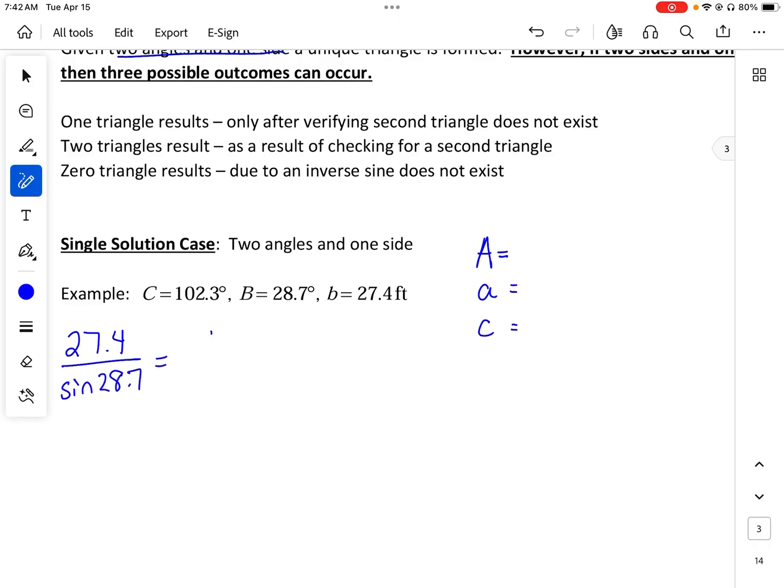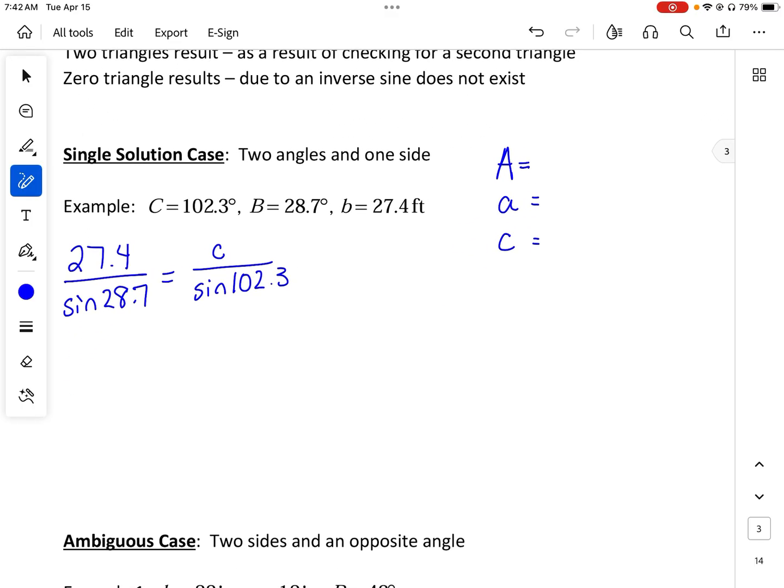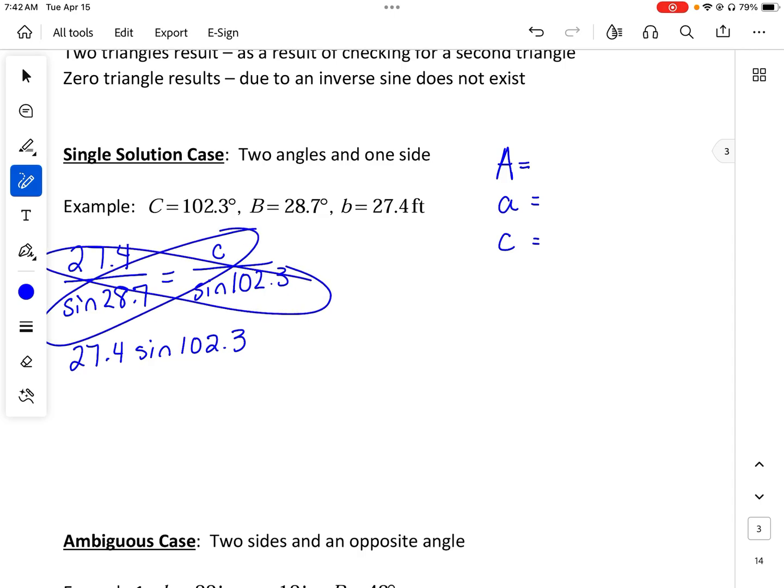27.4 over sine of 28.7 equals C, which we don't know, over sine C. So cross multiply. We have 27.4 times sine 102.3 equals C times sine 28.7.